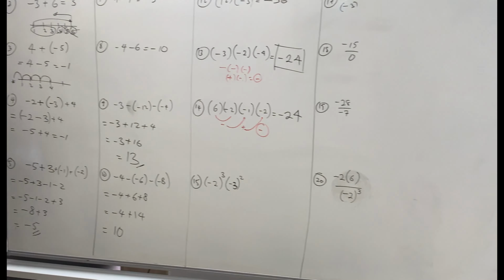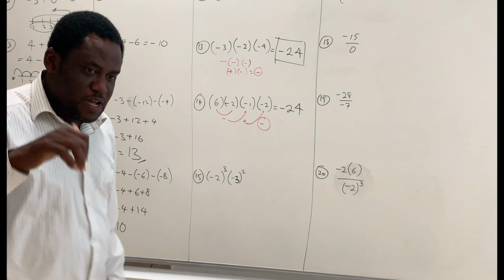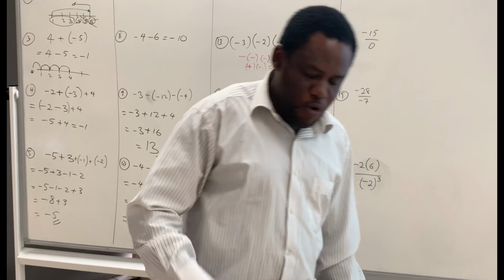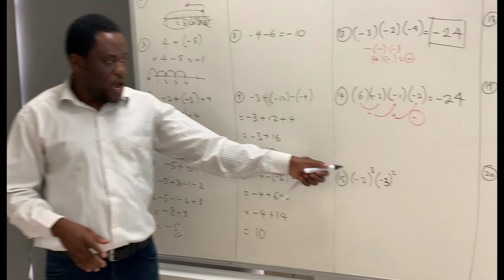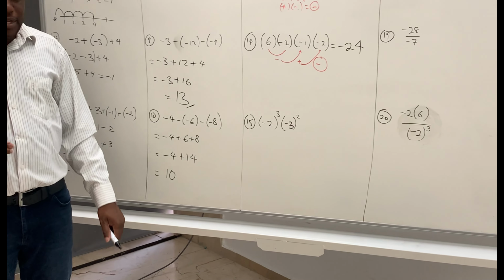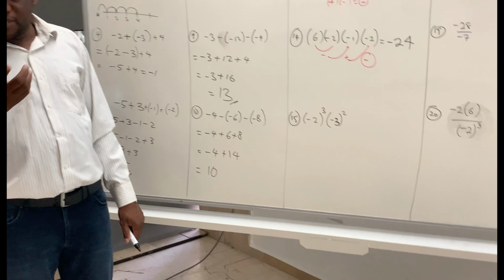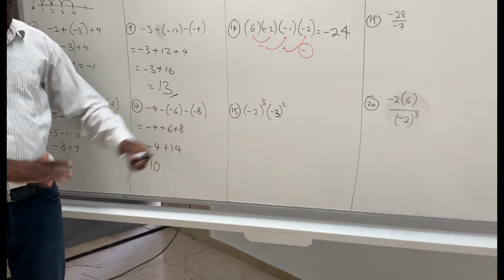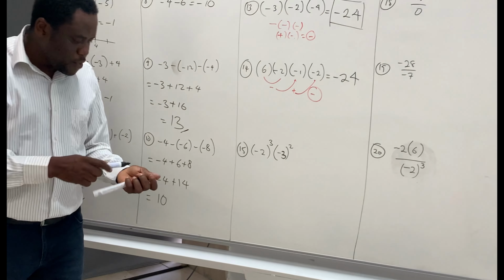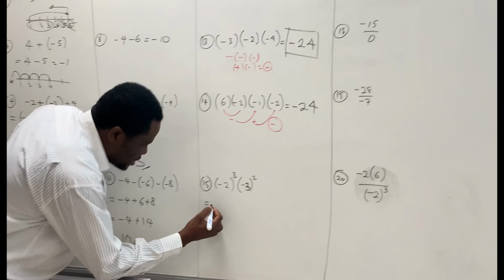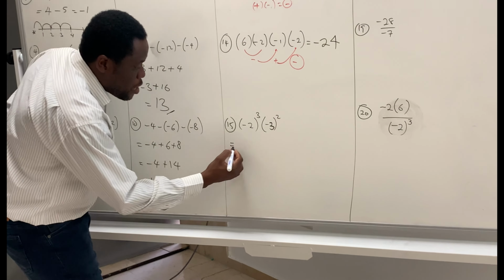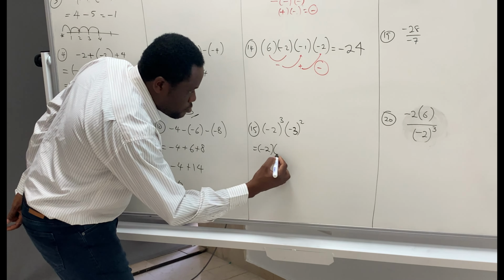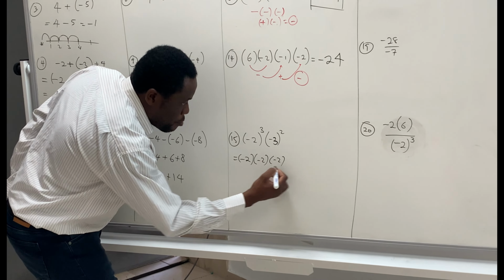Oh, this is exponents. Remember when we were working on whole numbers, we did square. Power means how many times the number repeats itself. So now we can split this guy. Splitting this guy is equivalent to minus 2 in 3 places. It means minus 2, minus 2, minus 2.